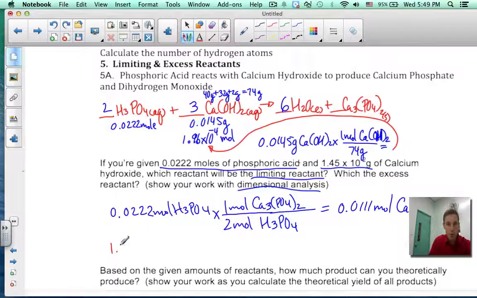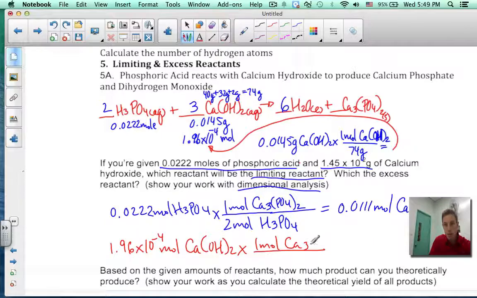If I have 1.96 times 10 to the negative 4 moles of calcium hydroxide, and I convert it into moles of calcium phosphate, I have to convert out of moles of calcium hydroxide, so there's 3 moles here. I got the 2 from here, I'm putting the 3 down here.